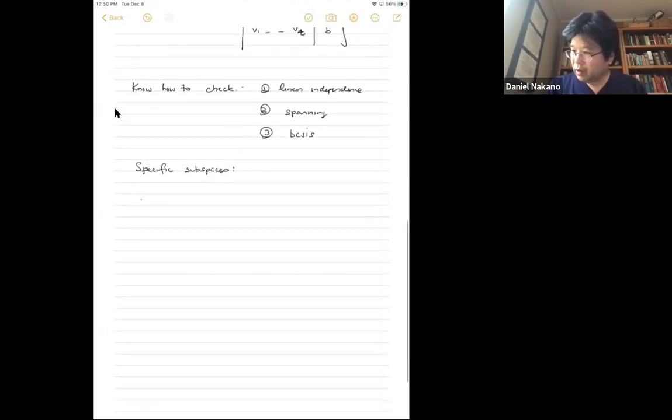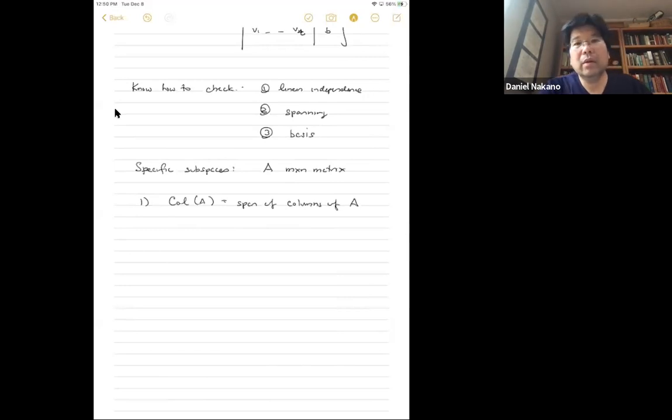So the first one is, I'm going to start with A being an m by n matrix. The two subspaces that we looked at were the column space and the null space. So let me recall the column space of A. This is the span of the columns of A.